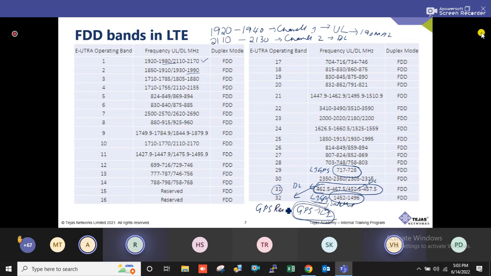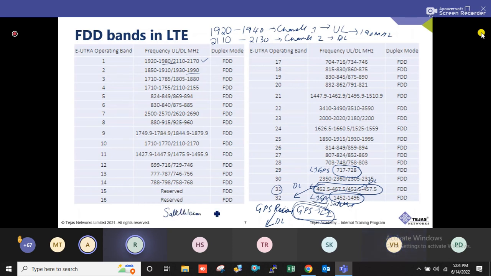In the GPS receiver signal, we have multiple frequencies designed. It causes interference because the GPS receiver is mainly concentrating on the downlink direction, right?